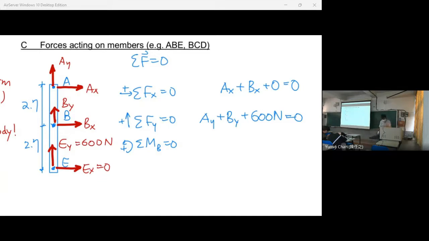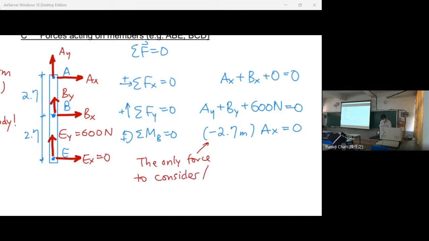So we only have one force to consider the moment. I think you know the word consider, right? Consider or take into account means 考虑.